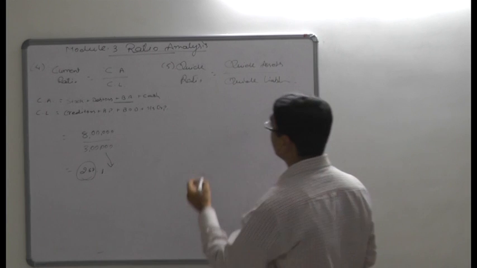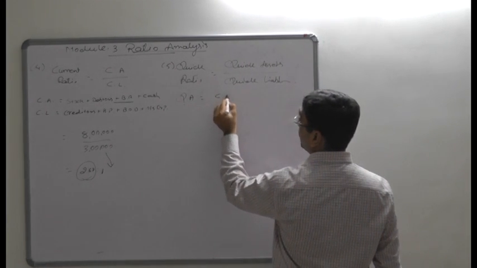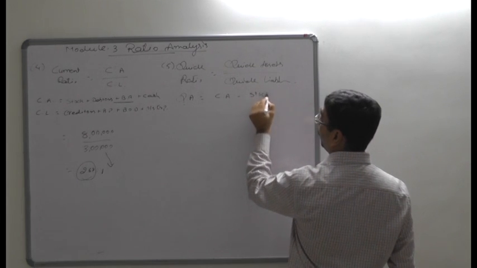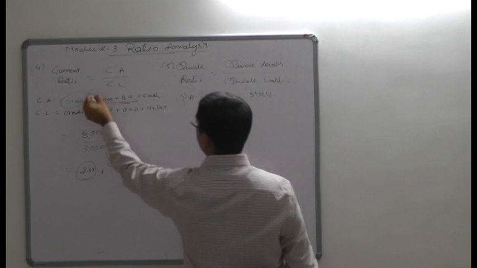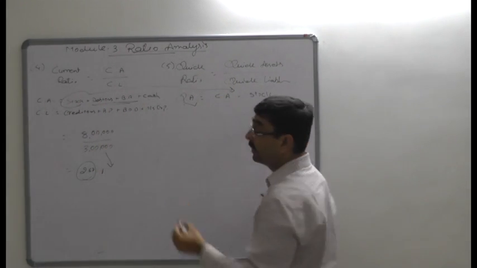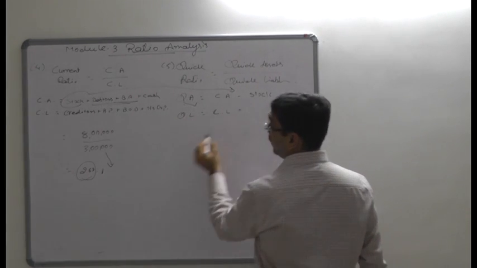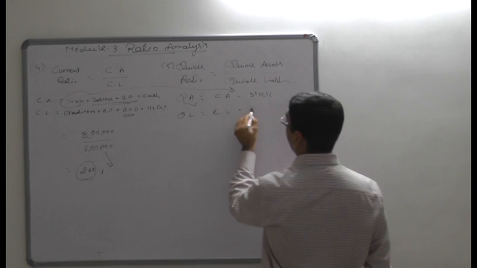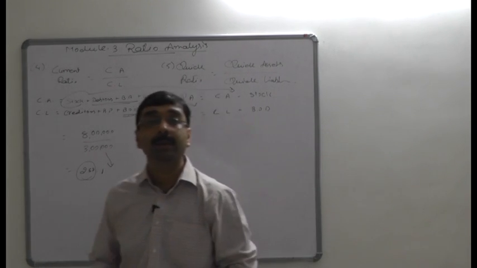As we already discussed earlier, it's very easy. Current assets minus stock, that means if you remove stock from the current assets, that is your quick assets. And in the case of quick liabilities, if you remove bank overdraft from the current liabilities, that is your quick liabilities.